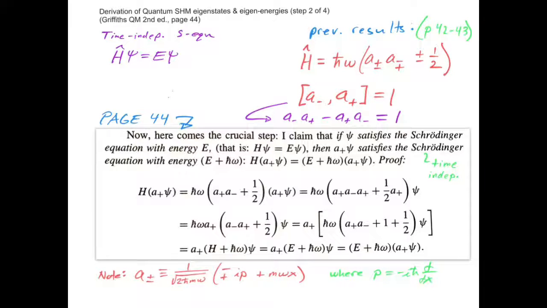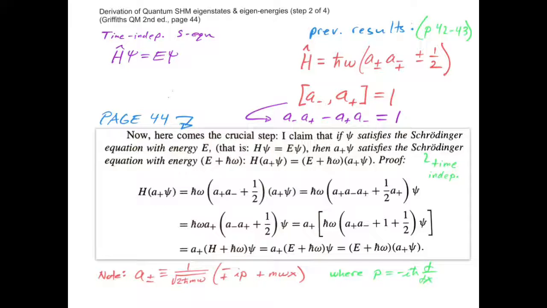Now we're almost done. E plus h bar omega, that's just a value. That's a number. That can pass through the a plus operator, or to put it another way, I can pull the a plus operator through here, leaving us with this. And now we're done. So let's look at what we've got. We've got the Hamiltonian operator operating on this state, a plus psi, equals some value, E plus h bar omega, multiplied by that state, a plus psi.